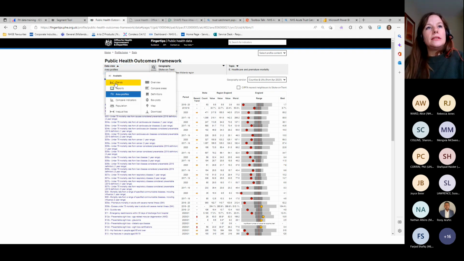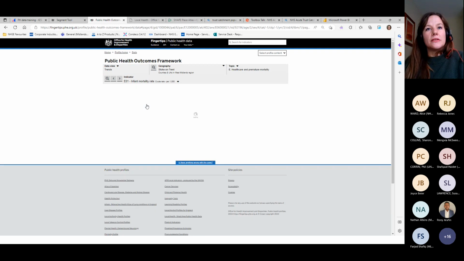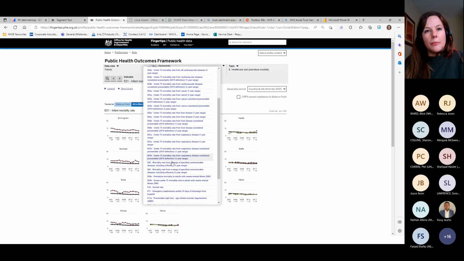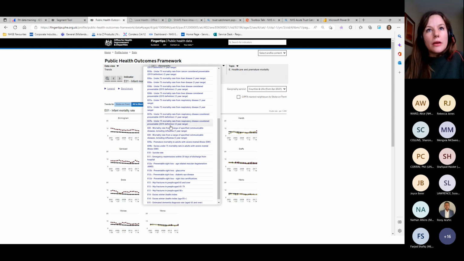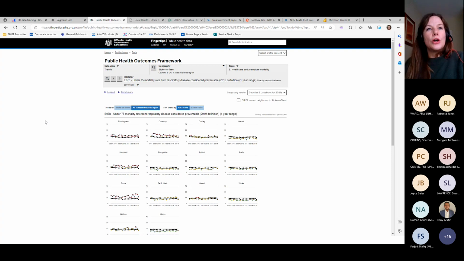I'm going to look at trends, so click on trends. I want to have a look at all areas in the West Midlands, and then I can pick my indicator from the list. I want to look at under 75s mortality rate.